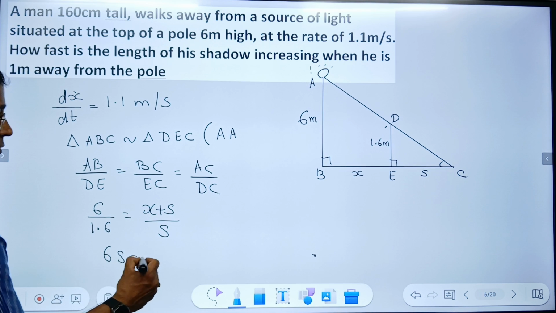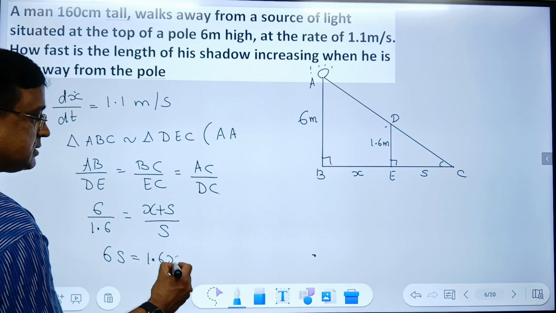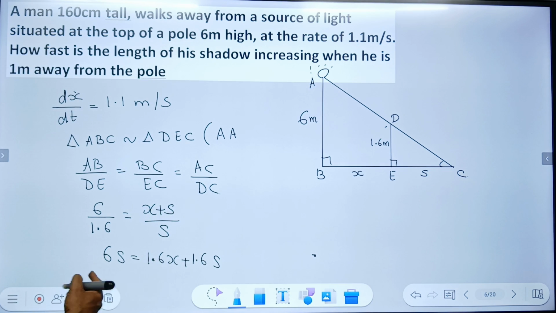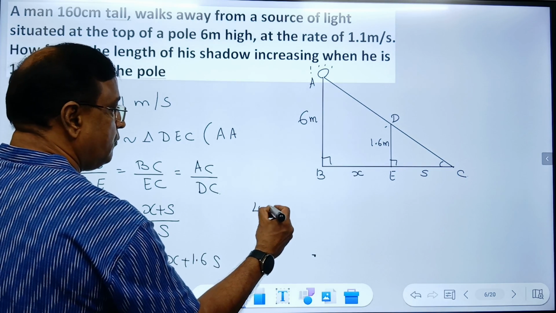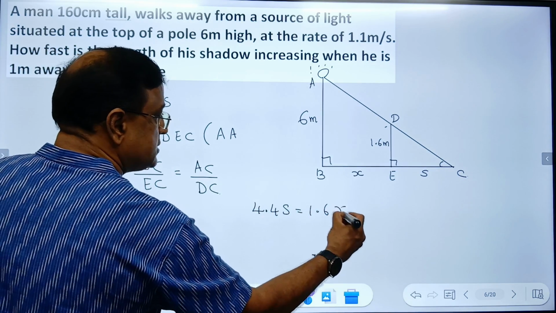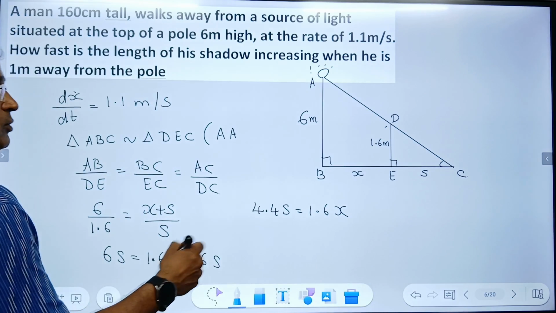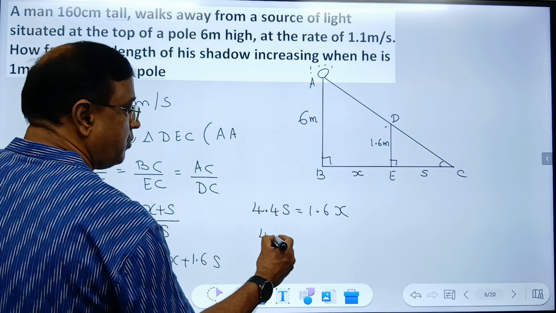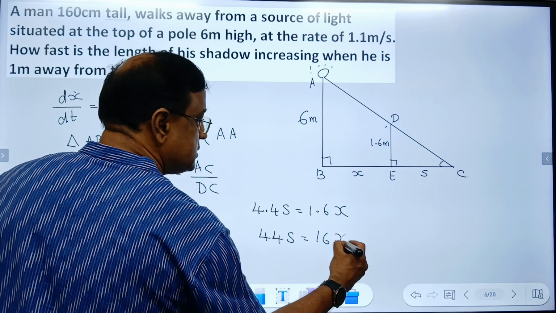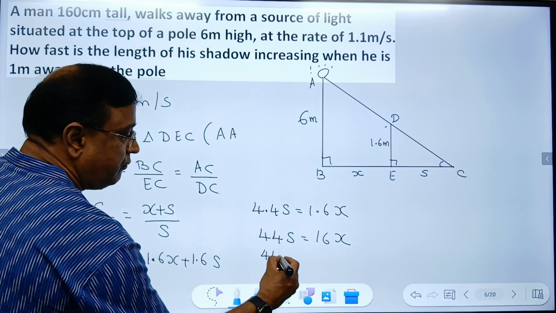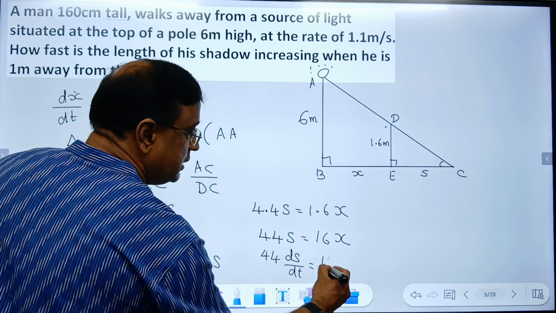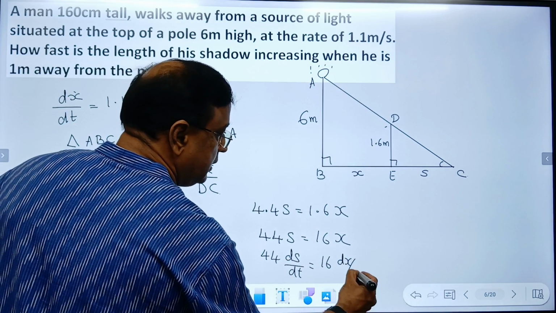Now you cross multiply. 6s equal to 1.6x plus 1.6s. So simplifying, I get 4.4s equal to 1.6x. Multiplying both sides by 10, I get 44s is equal to 16x. Now differentiate. 44 into ds by dt equal to 16 into dx by dt.